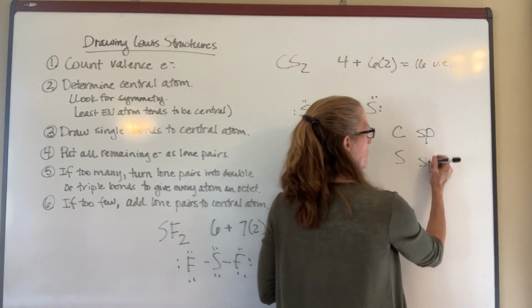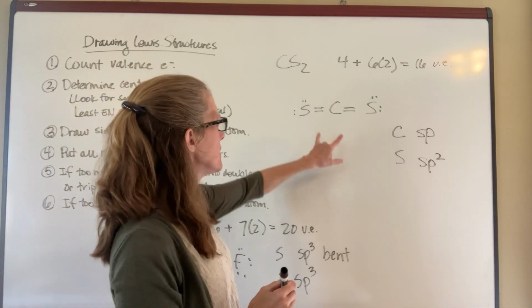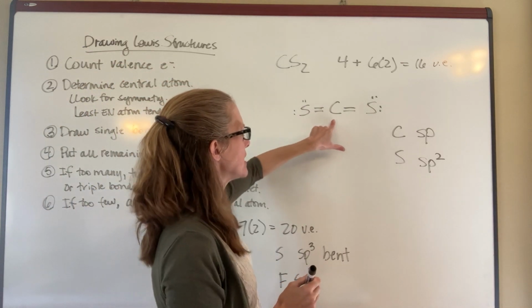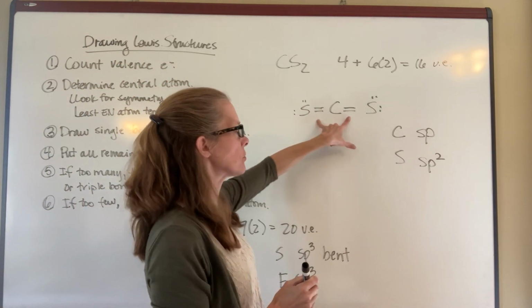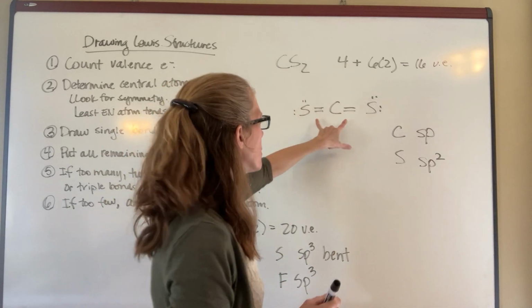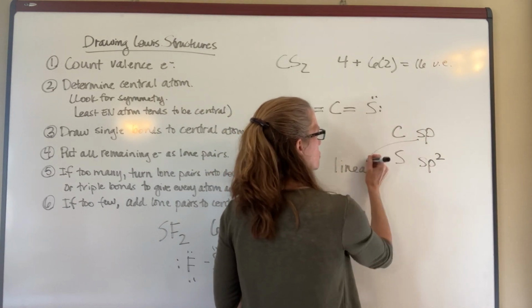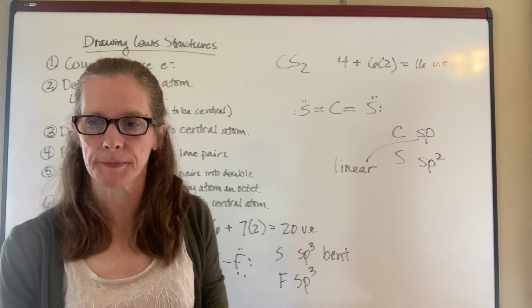So that means they are both going to be sp2 hybridized. And here, because this is sp hybridized, these bonds are going to try to be as far away from each other as they possibly can get. And so that means that this molecule is then going to be linear, which does go along with sp hybridization.